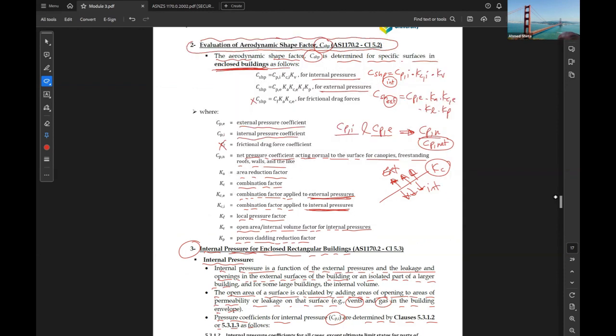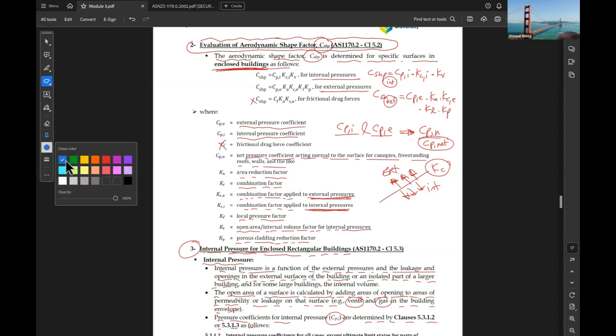So again, the factor C shape for internal and external pressure can be found using these two formulas. C shape for internal equals C_pi times K_ci times K_v, and C shape for external will be C_pe times K_a times K_ce times K_l times K_p.